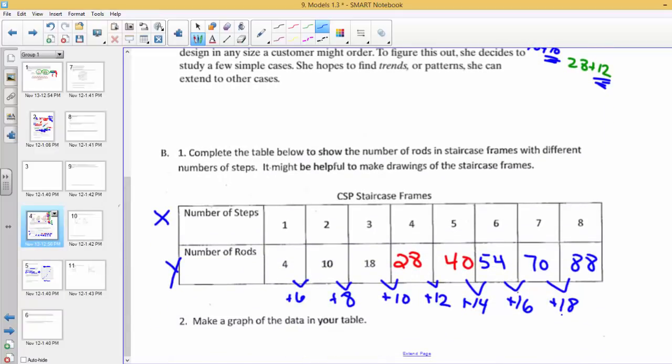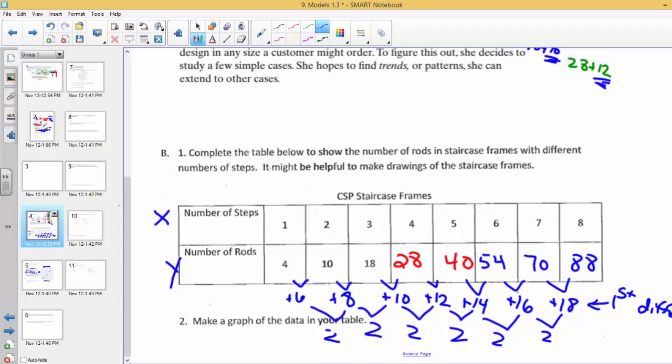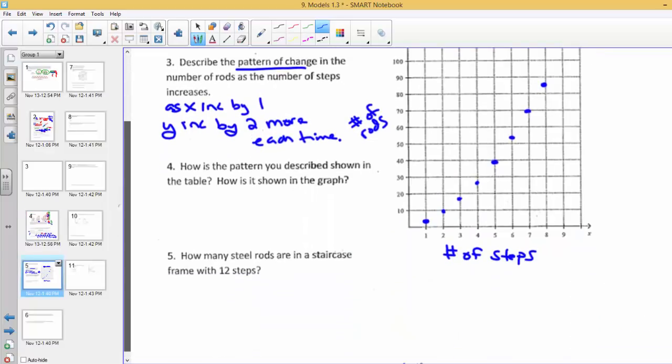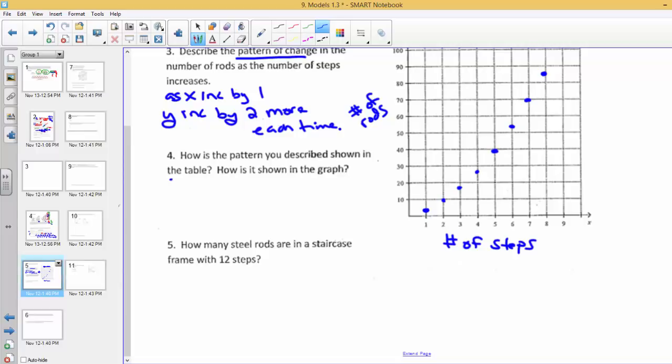If you find 18 minus 16 is 2, 16 minus 14 is 2, 14 minus 12 is 2, this is called the second difference. So this is the first difference. And this is actually called the second difference. So for the pattern, let's write that the second difference is constant.